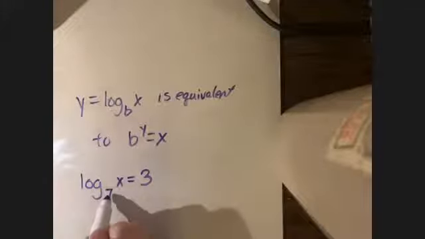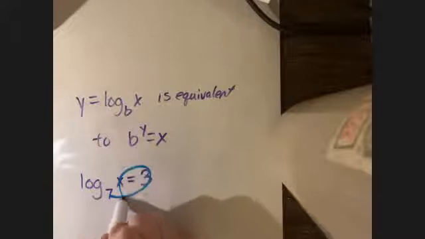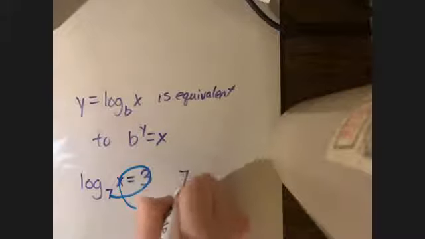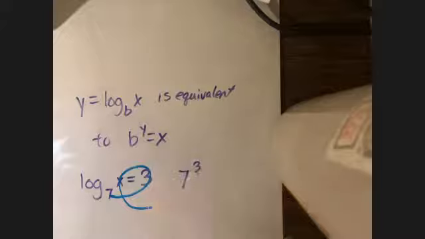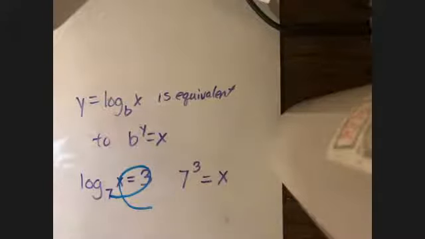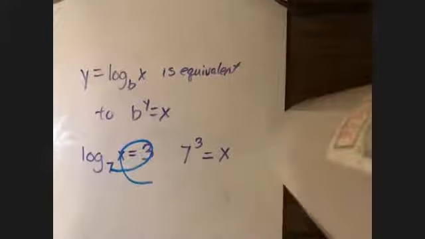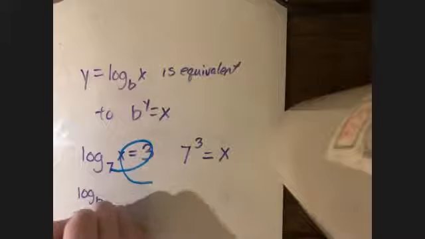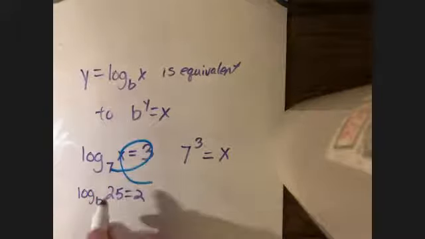You start on the base and loop through, so it looks like a cursive letter E. You write down the first thing that you were on, in this case the 7. The second thing becomes the power, and then you put equals, and then you hit the last thing that you were on. Looking at another one, we've got log base b of 25 equals 2. Again, I'm going to loop.